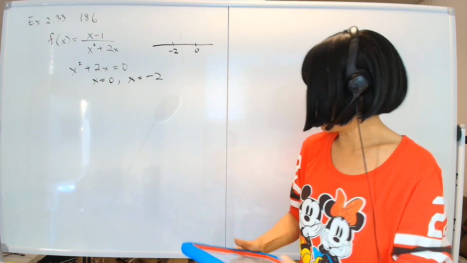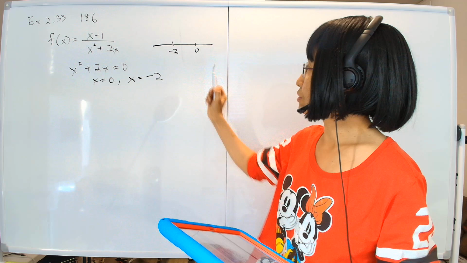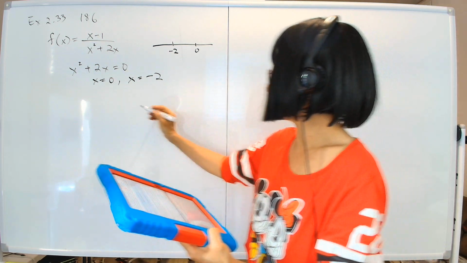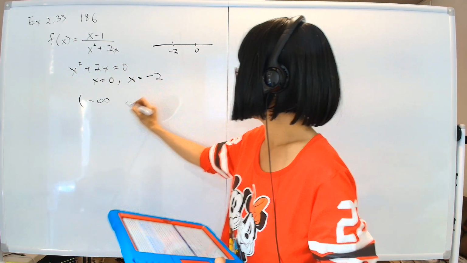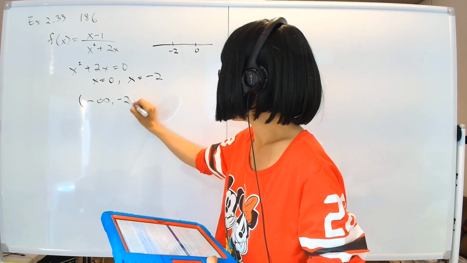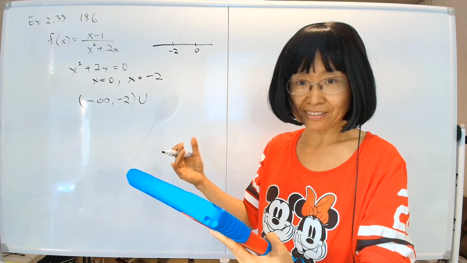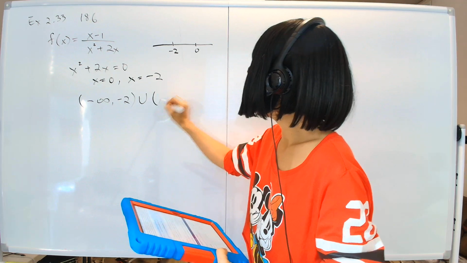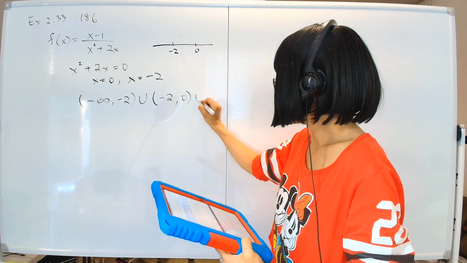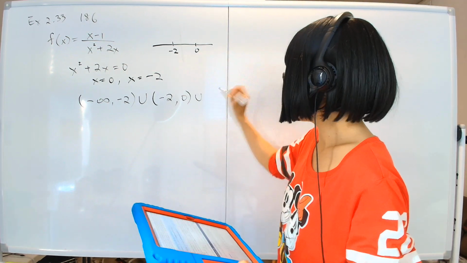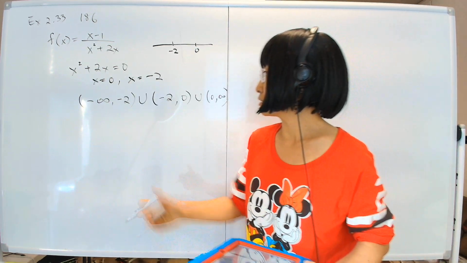Another way of saying that it's continuous everywhere except -2 and 0 is to use set notation. It is continuous from -infinity all the way up to -2, and then the union, which just means and, right? Then -2 to 0, and the last part from 0 to infinity. That's the union.